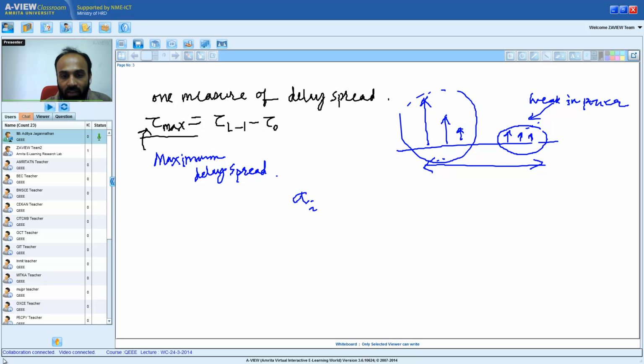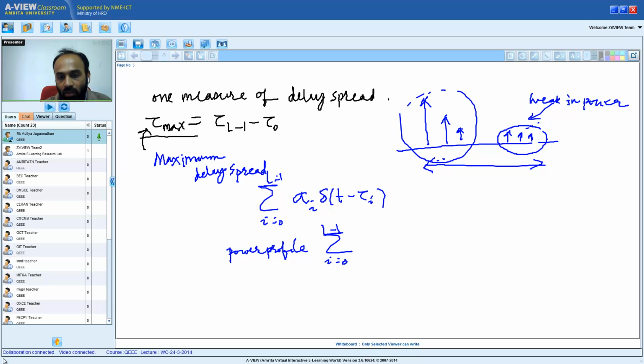Given this profile, summation of delta t minus tau i, i equal to 0 to L minus 1, I said I'm going to create a power profile. The power profile is as follows: i equal to 0 to L minus 1, magnitude a_i squared.